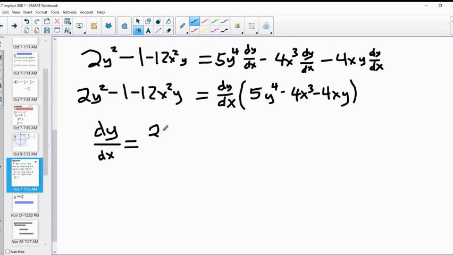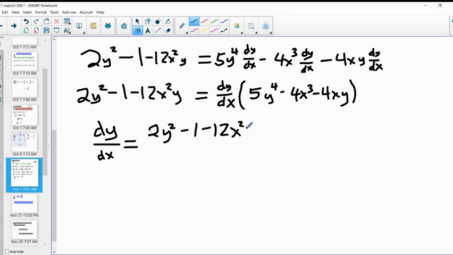This looks really complicated, even though it's really just a little bit of algebra, subtracting, combining like terms, moving everything to one side of the equation. So dividing by 5y to the fourth minus 4x cubed minus 4xy.